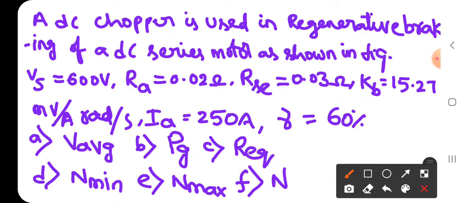Okay. That means the chopper is used for regenerative braking of a DC series motor as shown in the figure. The figure is given. I hope all of you have taken this. Let me erase the screen.